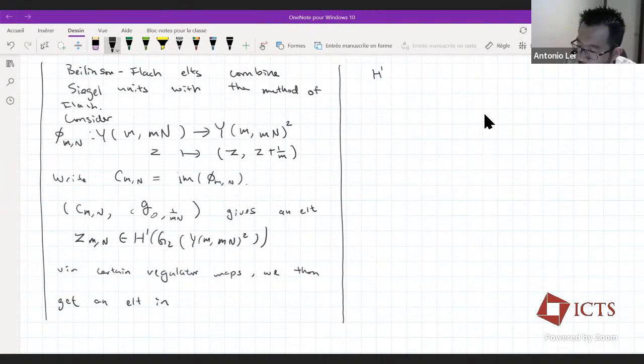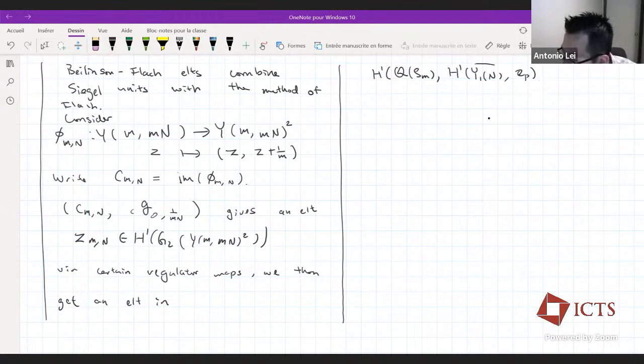So it will be H^1(Q(zeta_M), H^1(Y_1 bar, P)), sorry, maybe. Like this.